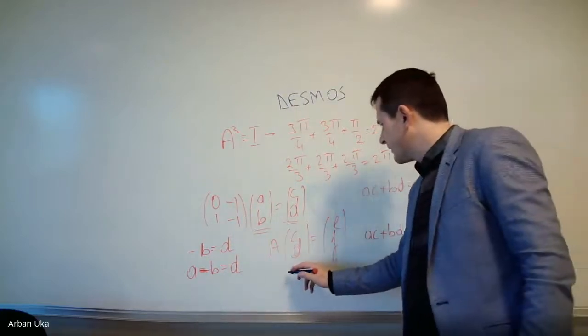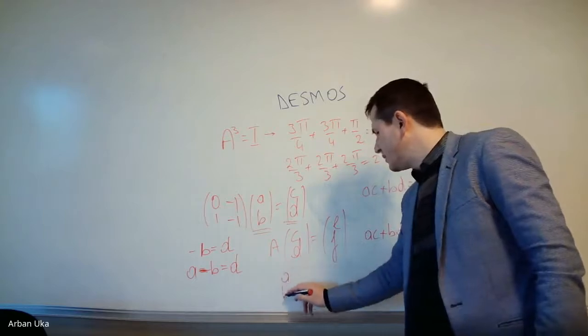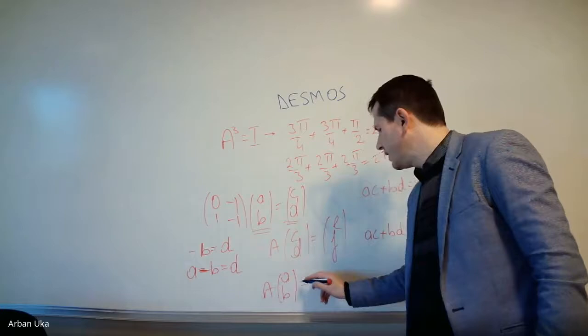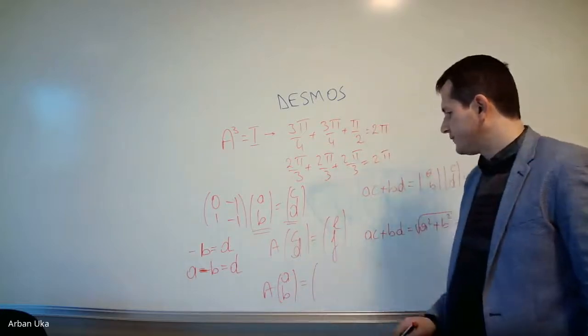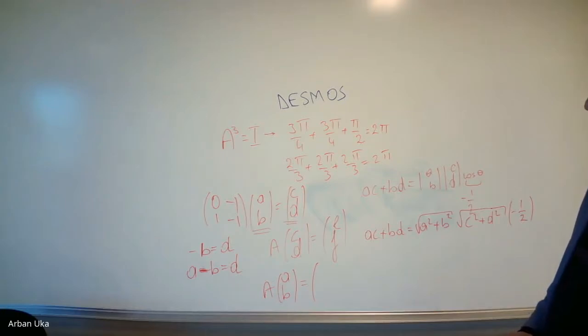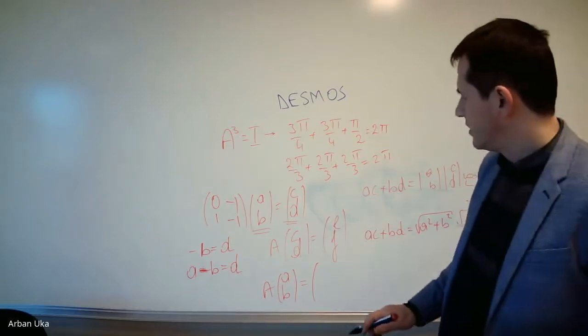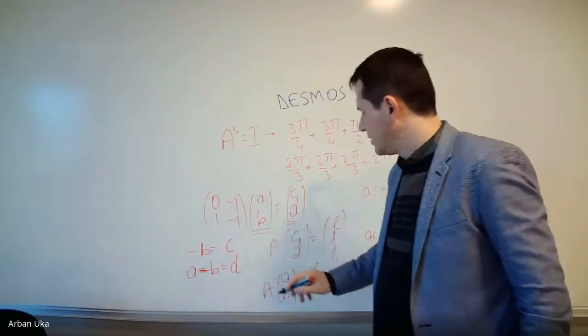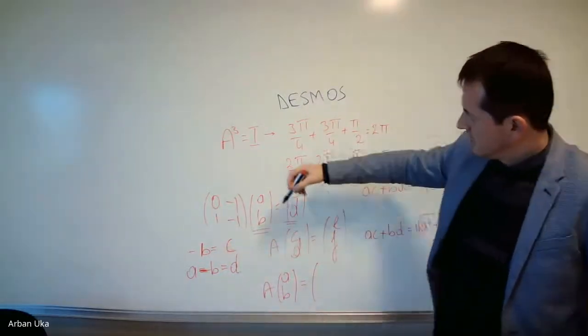Okay, so it looks like if we start from AB and multiply by A, we are going to get C. Actually, we have no information on C. No, sorry, this is wrong. This is C, right? Would you agree?